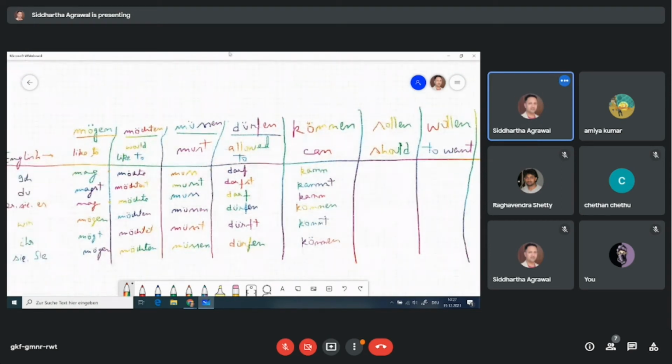So this becomes ich soll, du sollst, then the third person again becomes soll, wir sollen, ihr sollt, sie sollen. Okay. So this is exactly the same as the others. There's no such big difference.